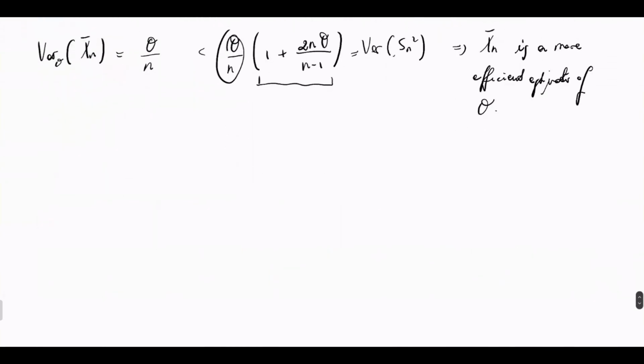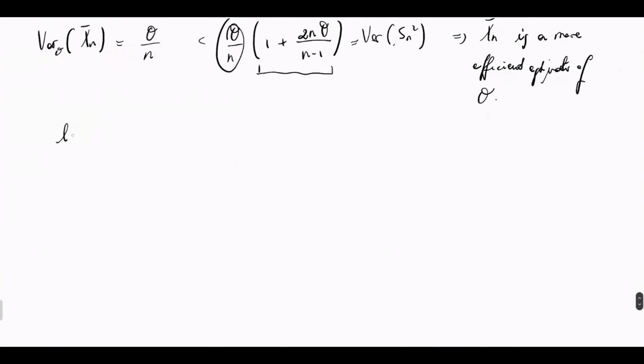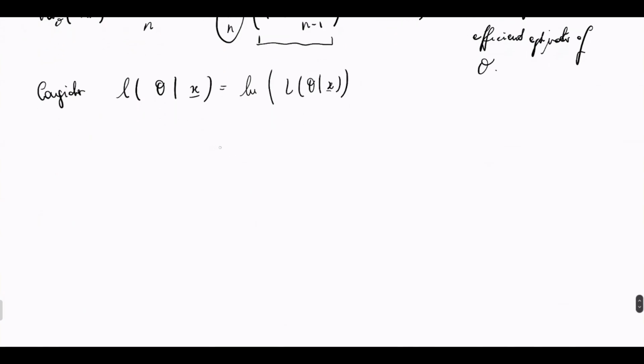Now, if we consider the log likelihood, and this is equal, I remind you, to the log of the likelihood, and this is equal to log of, sometimes I write log, sometimes I write ln, it's the same thing.